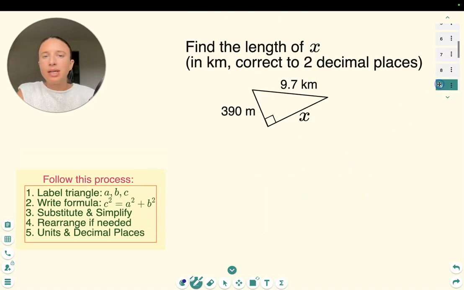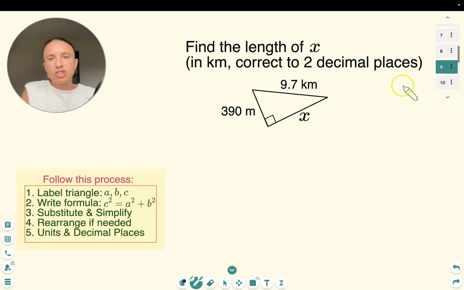Now I believe this is the last question here. Find the length of X in kilometers correct to 2 decimal places. So what have we got? We have a diagram here. It's a right angle triangle.